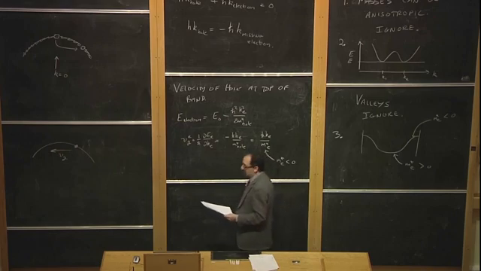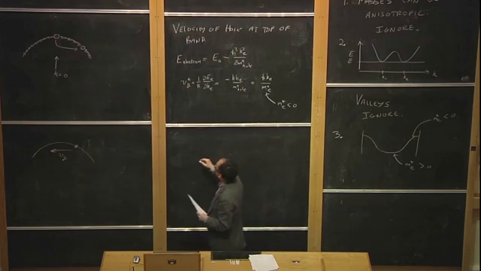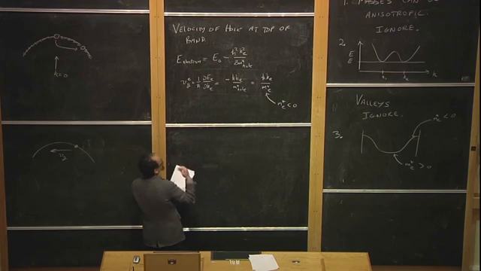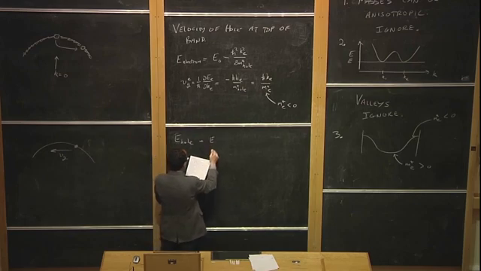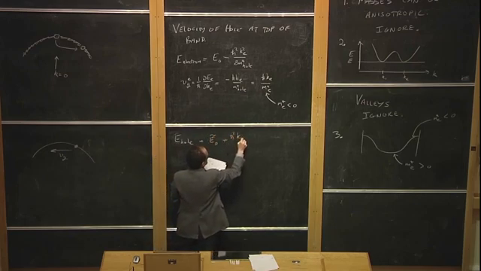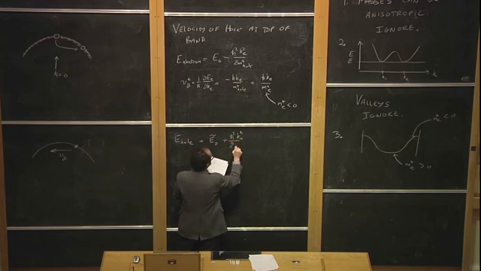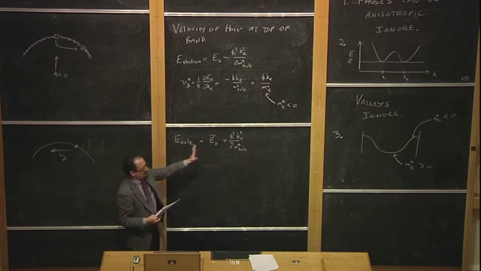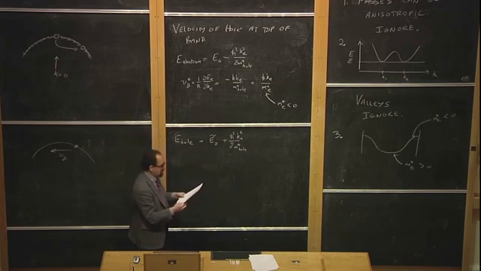Let's compare that to the situation if we think about it in terms of holes. So the energy of a hole near the top of the band is some constant plus h bar squared k hole squared over 2 m star hole. So the energy of the hole increases as you increase its momentum away from the top of the band.